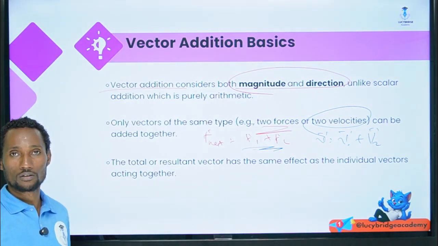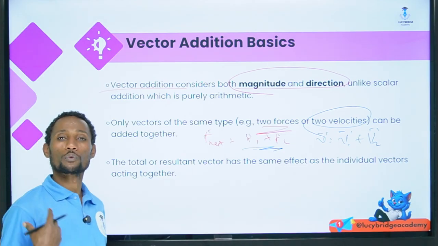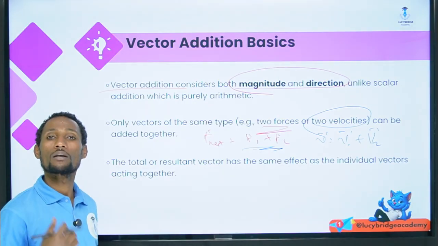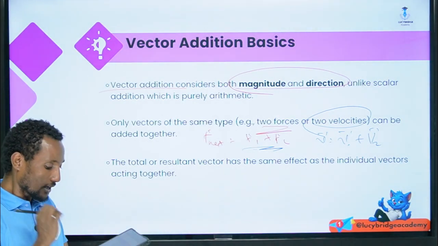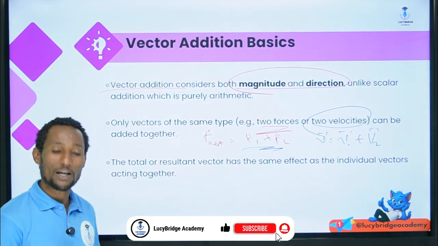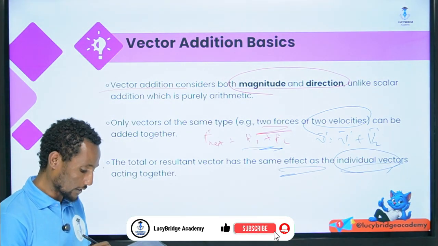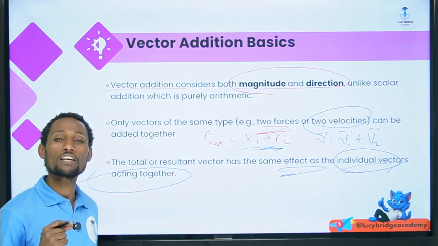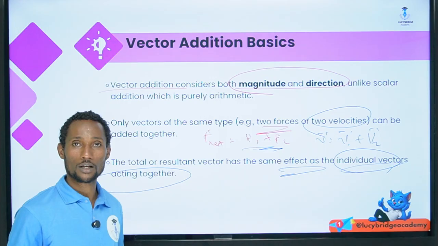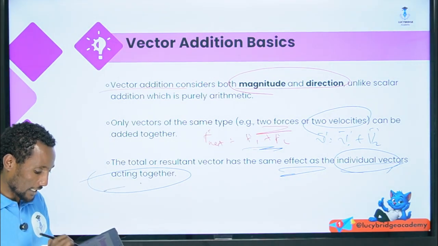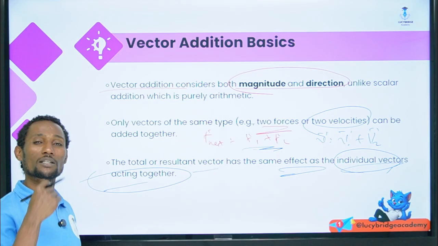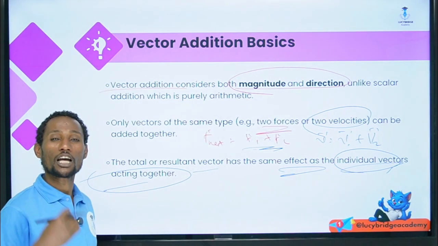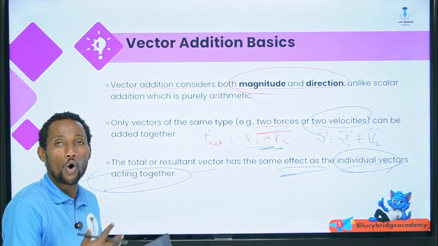So you have to consider what type of vector: it must be similar quantities, and the total or resultant vector must have the same effect as the individual vectors acting on a given body together. That's the resultant vector, which has the same property as the individual vectors acting on a given body together.